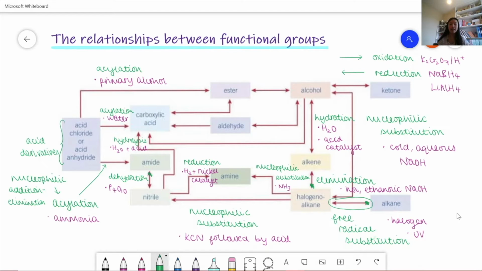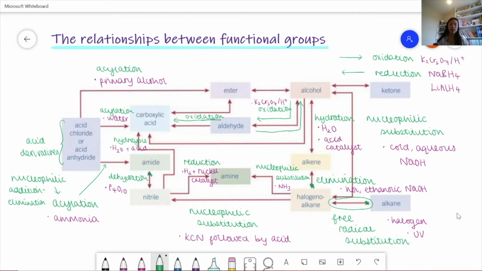So going this way, we have oxidation, and here we have oxidation as well. And these are both using potassium dichromate with a H+ catalyst.